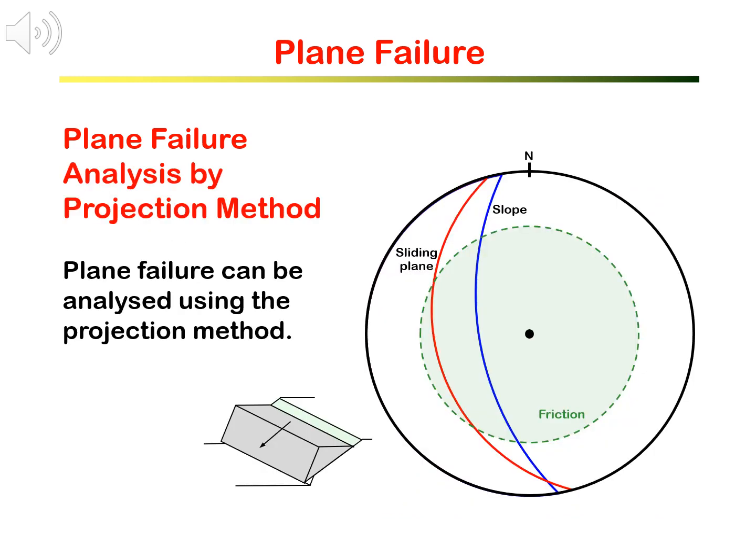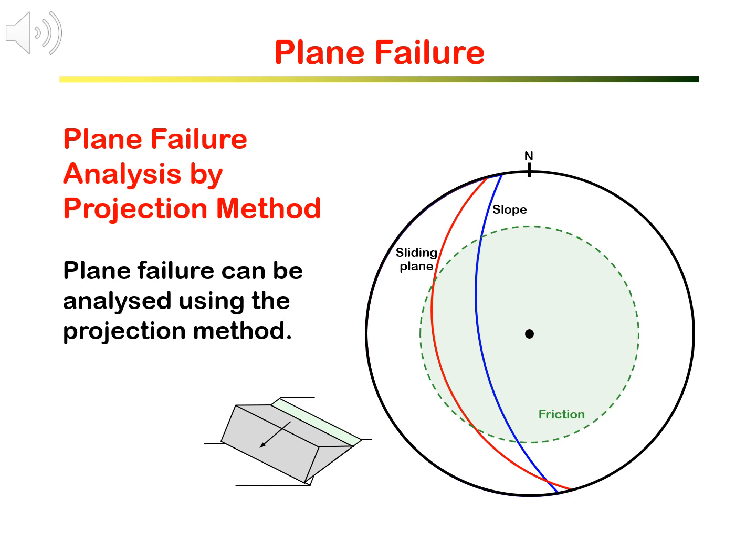Plane failure is governed by two main factors. One, the orientation relationship between the slope and the sliding plane. And two, the frictional resistance of the sliding plane against sliding.